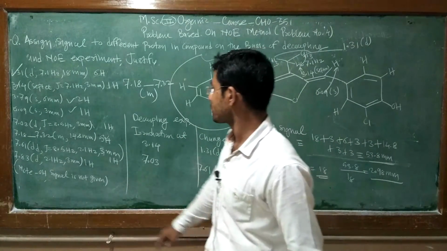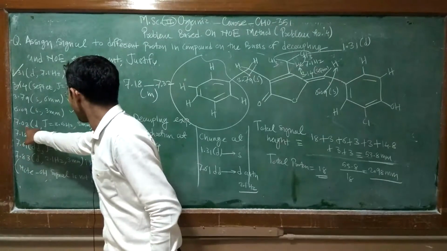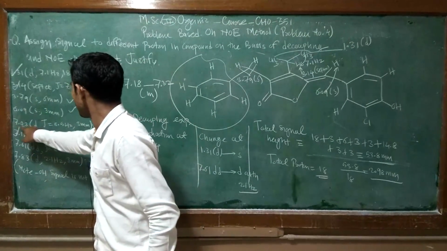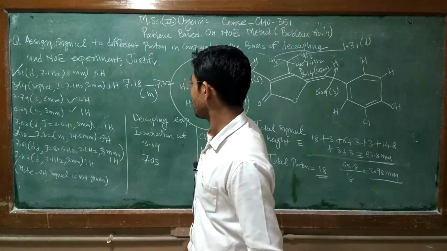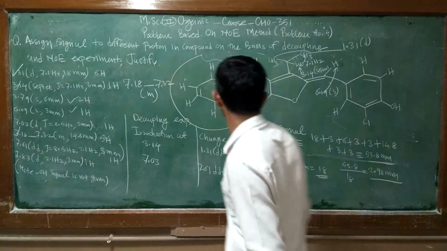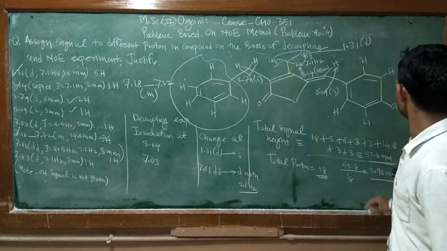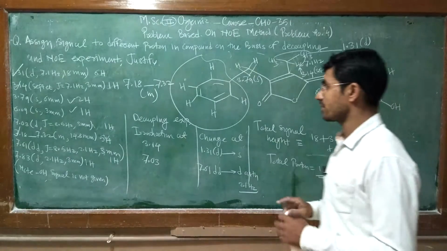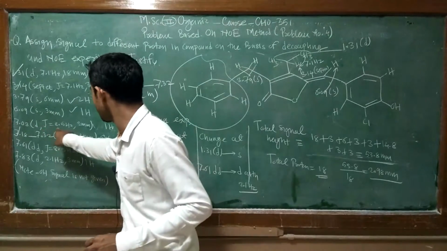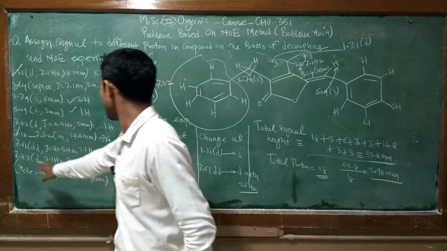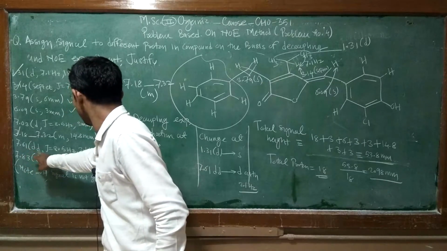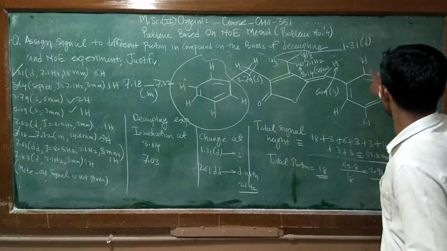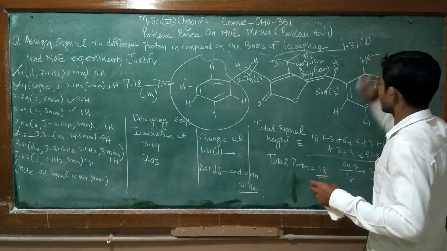Next is 7.03, this signal we assign here. 7.03 is a doublet, 8.5 Hz, for 1 proton. These two aromatic protons are coupled to each other with ortho coupling. See here 7.03 with 8.5 Hz and 7.61, a doublet of doublet with ortho and meta coupling. This proton shows both couplings, ortho and meta.